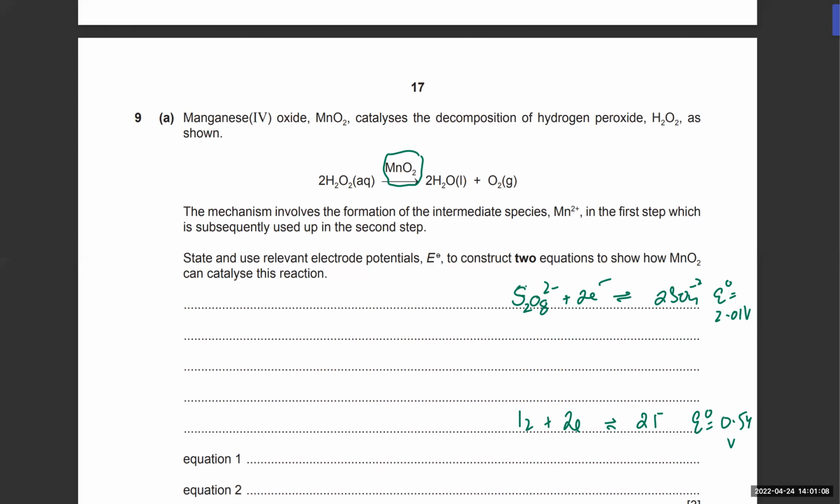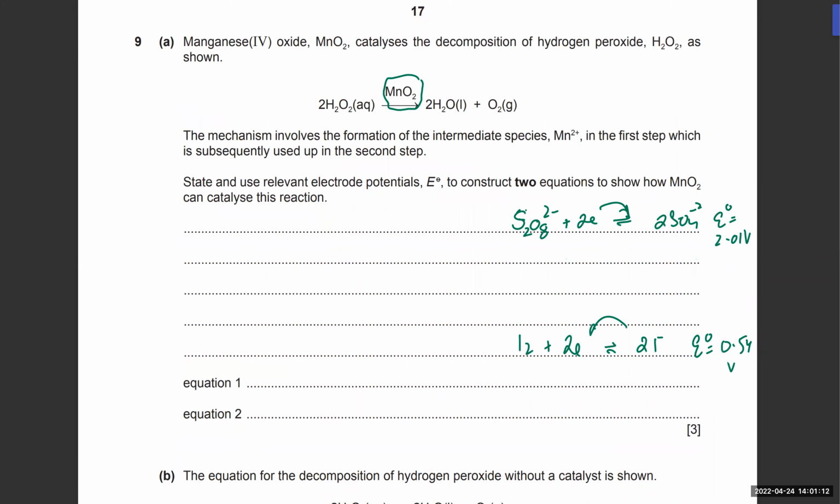A higher potential gains electrons, lower potential loses electrons. If you do that, you get a reaction where S2O8 2- and 2I- produce 2SO4 2- and I2.